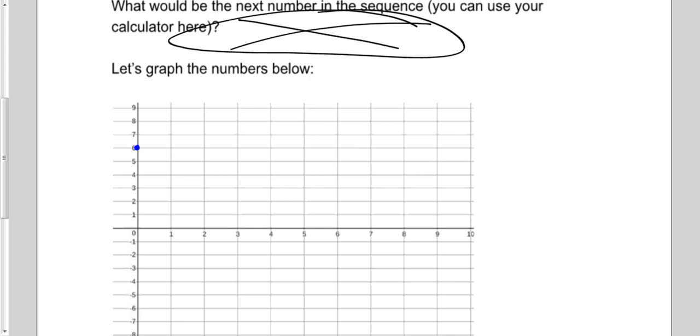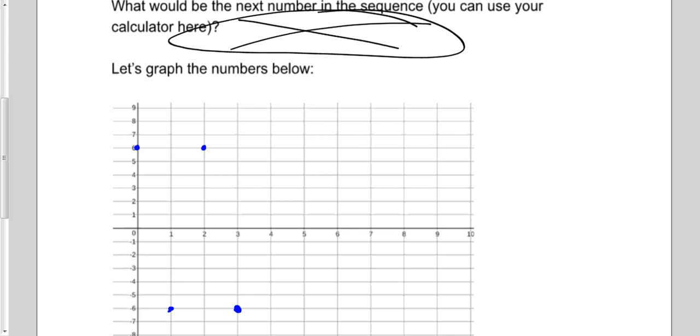Now, when x is 1, I multiply by -1 one time and I get -6. I'm going to put a dot there too. When x is 2, I multiply by -1 again, I get a +6. And then when x is 3, I multiply by -1 again, and I get -6.